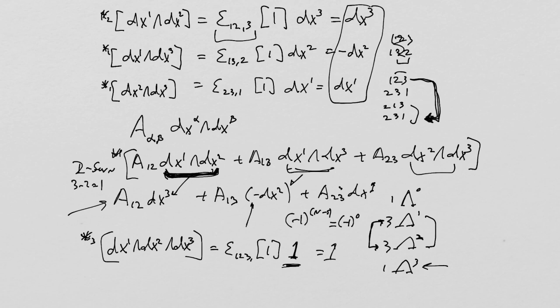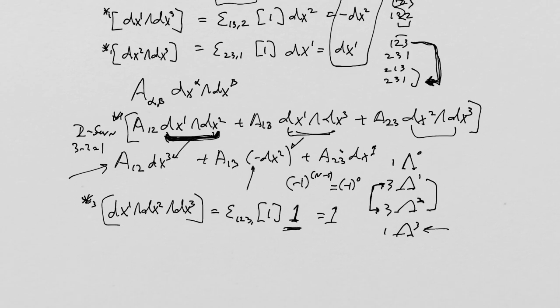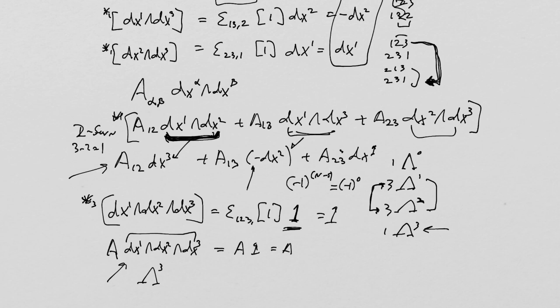So the Hodge dual of any alpha, any member of the top form, exterior third power, a times dx1 wedge dx2 wedge dx3, is going to simply equal a times the Hodge dual of this, which is a times 1, which is the number a.